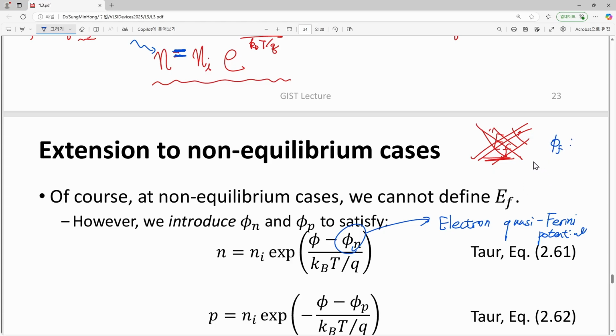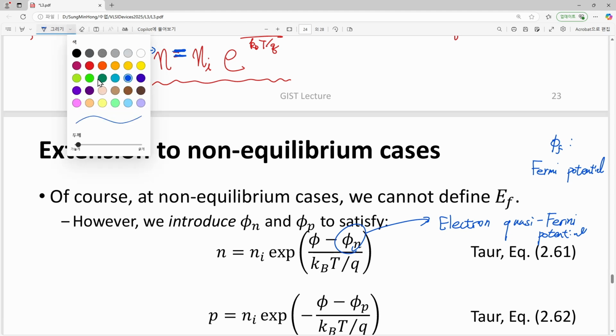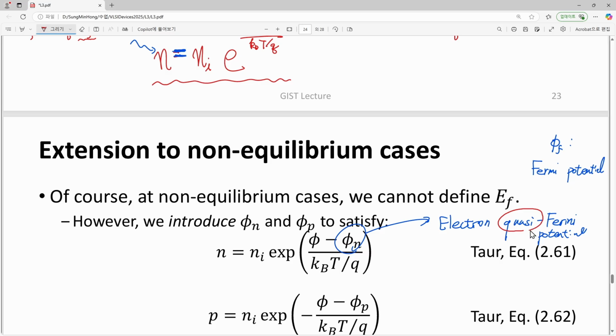It was called the Fermi potential, and it didn't have any specification because at equilibrium we can uniquely define this Fermi potential. However, in the case of this newly defined quantity, we have an additional specification like quasi electron.